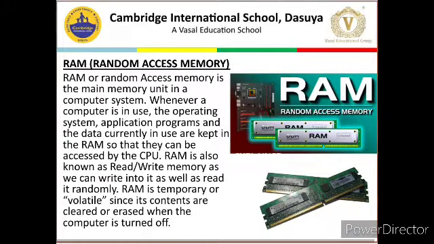RAM, random access memory, is the main memory unit in a computer system. Whenever a computer is in use, the operating system, application programs, and the data currently in use are kept in the RAM.